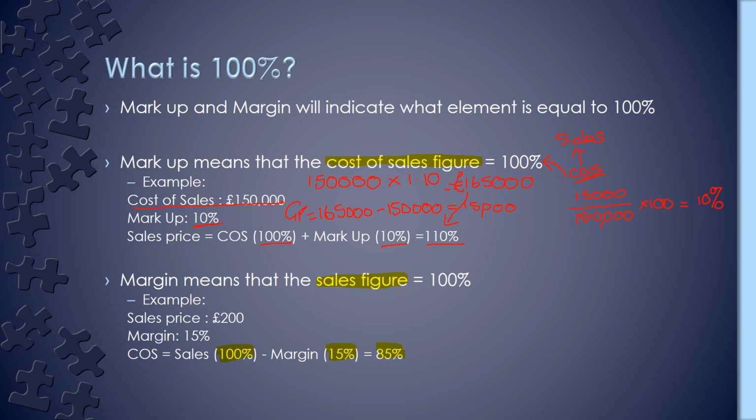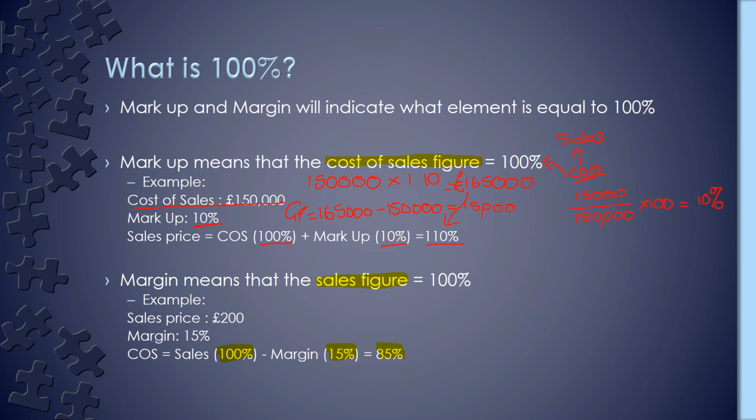So let's work this little example through like we have done above, and we'll then prove it as well. So like we have done up here with the 10%, we can prove our margin again. So to do the margin figure, we need to work out what 85% is of the sales price, and that will give us our cost of sales value.